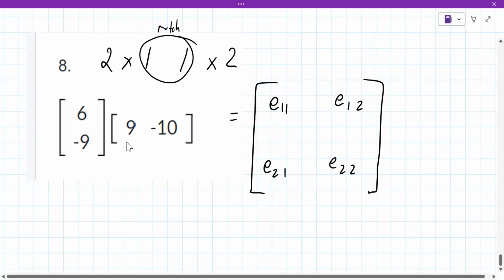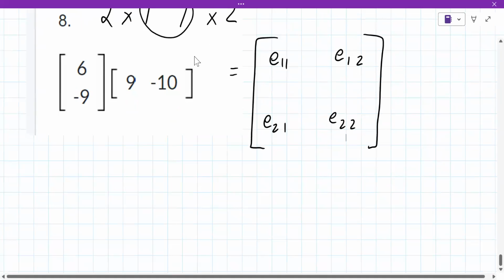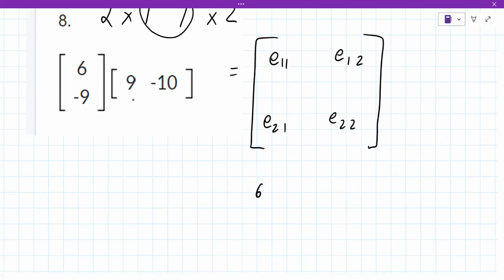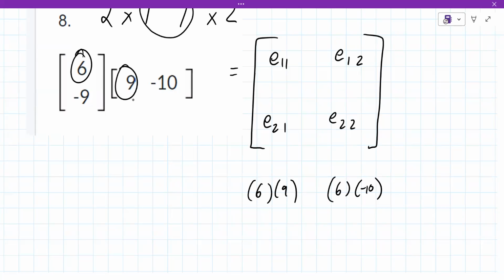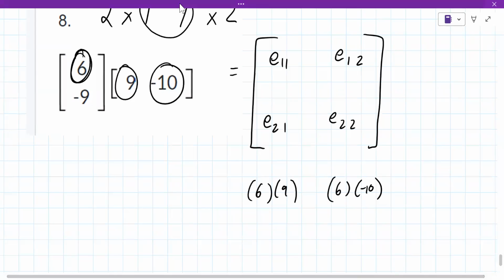Now you can almost do this one without it, because this first one, E11, is 6 times 9. This really is the first one that we should have done. So it's really 6 times 9 in that first position. First row, first column. And then E12 is 6 times minus 10. It's almost like the distributive property.